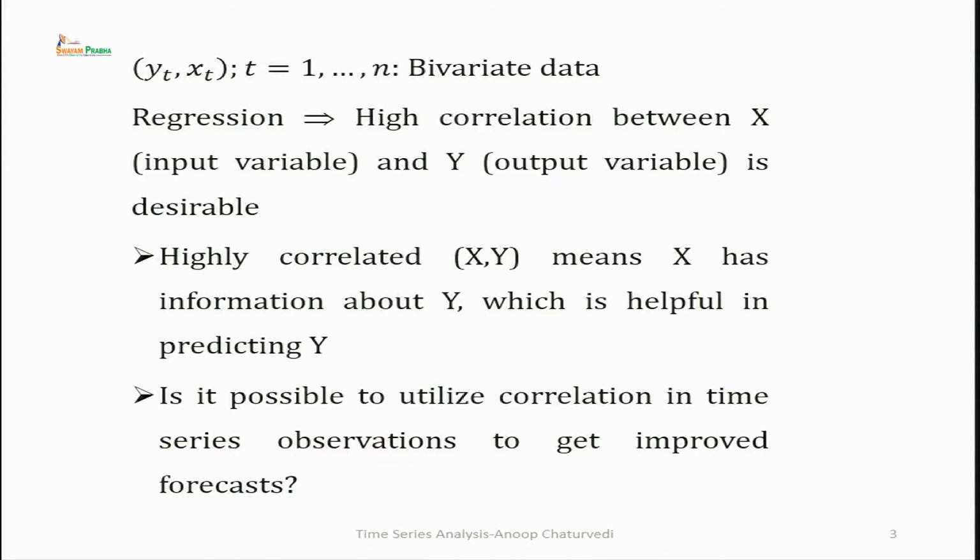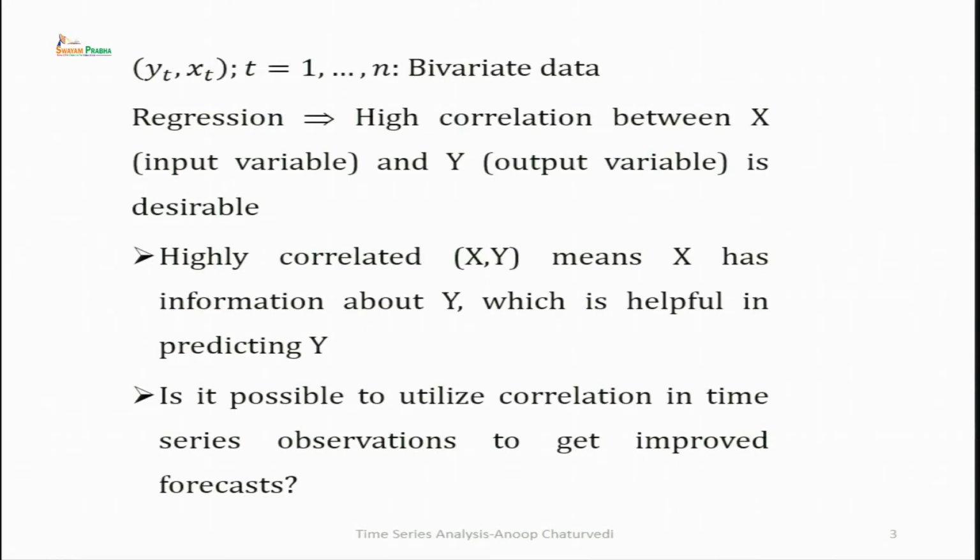So, on one hand, since the observations of the time series are correlated, you cannot apply classical inference procedures. This is a drawback of time series observations. But you can make use of this drawback so that it becomes an advantage for you.